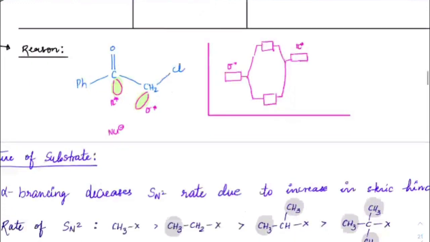So this lower, hybrid kind of molecular orbital which is formed is the lower energy LUMO, a hybrid of both pi star and sigma star, and that has an immense pull of electrons.